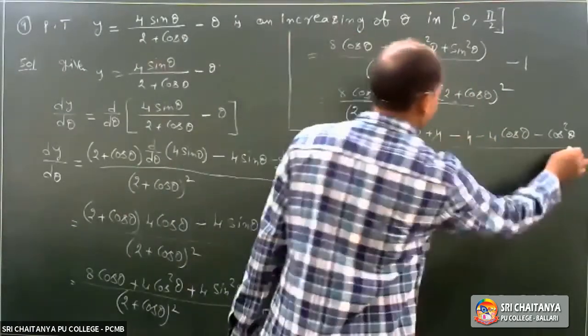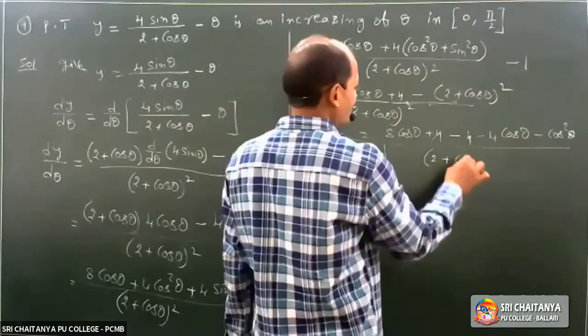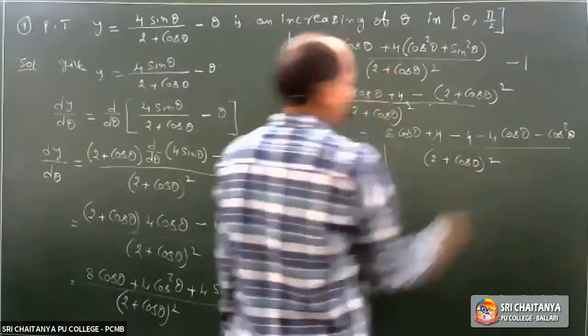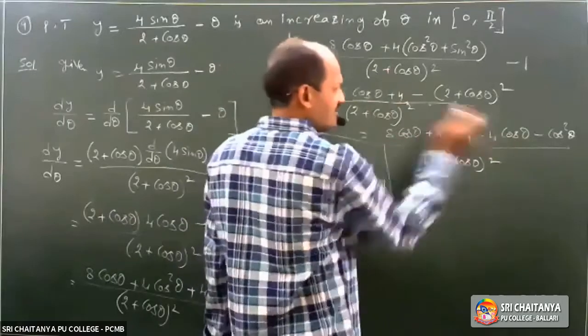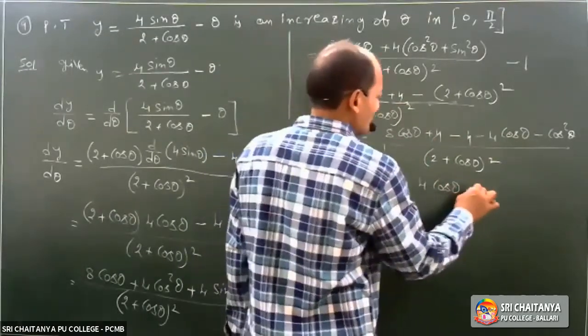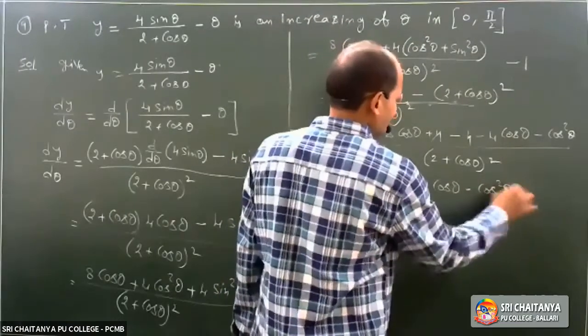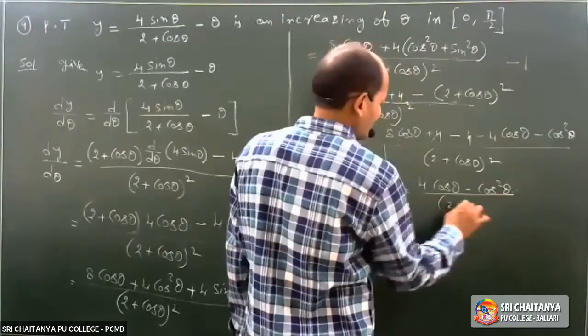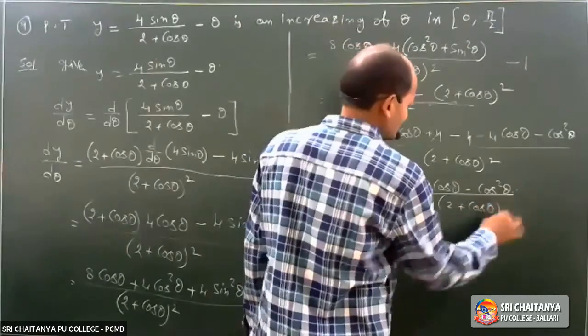What about the remaining value? 8 cos theta minus 4 cos theta is 4 cos theta minus cos square theta divided by 2 plus cos theta whole square.